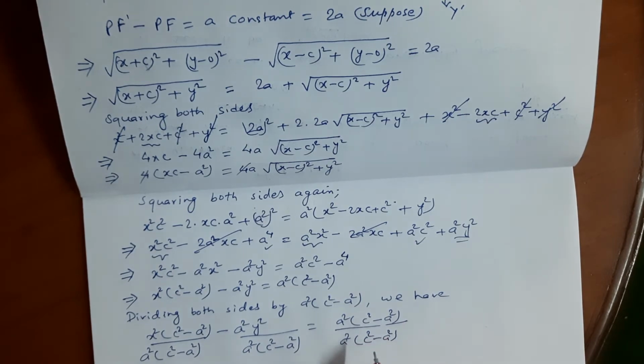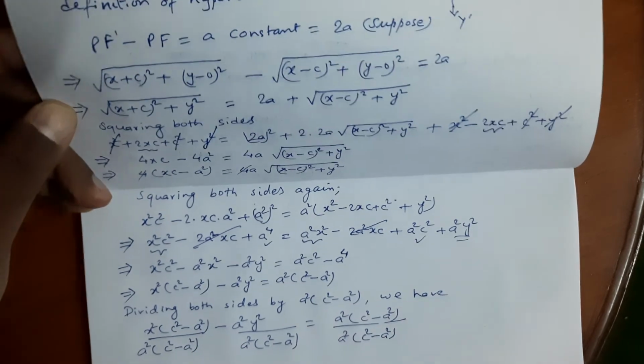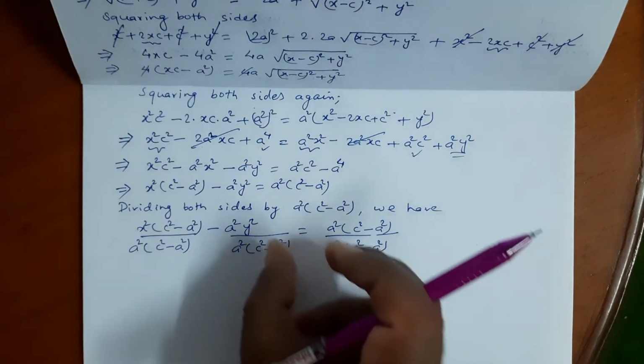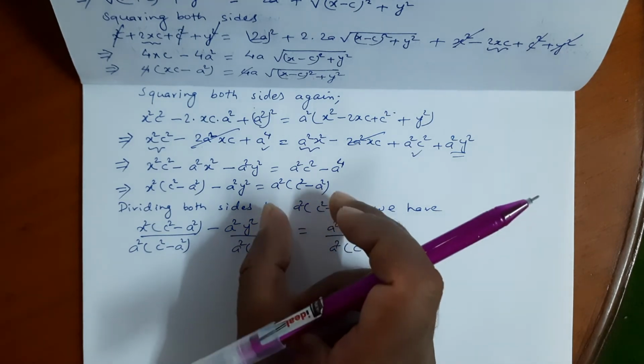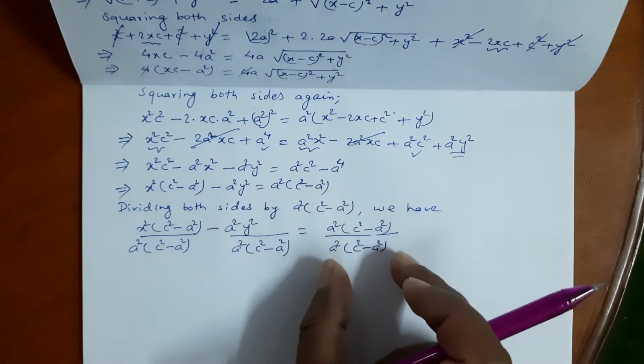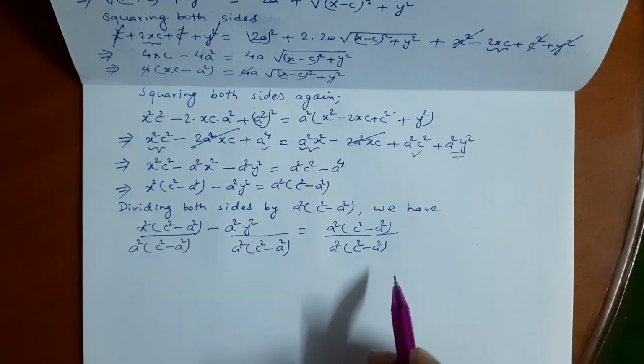The reason to divide both sides by a square c square minus a square is to get 1 on the right side. We have divided by the quantity a square c square minus a square. What is on the right side? By the same quantity we have divided both sides.